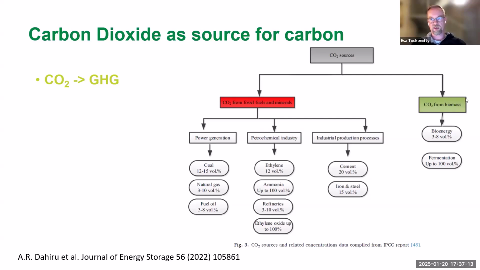And here are listed some different carbon dioxide sources. Big volumes basically come from these industrial processes that we are running today. So let's say power generation, if you burn coal, if you burn hydrocarbons, fuel, if you burn oil, natural gas, you end up generating carbon dioxide.